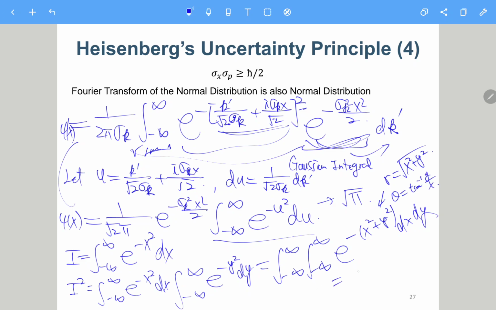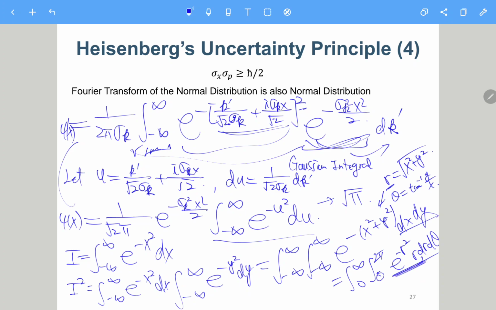So this integral will become 0 to infinity, because r is non-negative, and then theta is from 0 to 2 pi. This one becomes exponential to negative r squared. dx dy will become r dr d theta, if you still remember. Changing from the Cartesian coordinates to polar coordinates, dx dy becomes r dr d theta.